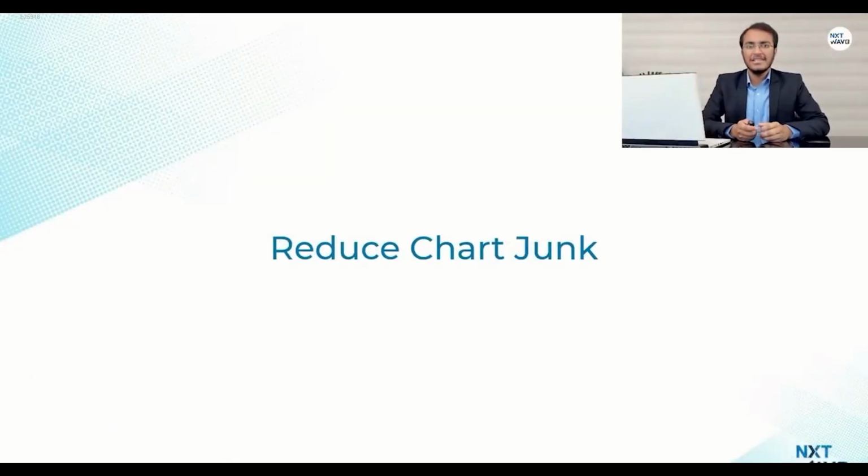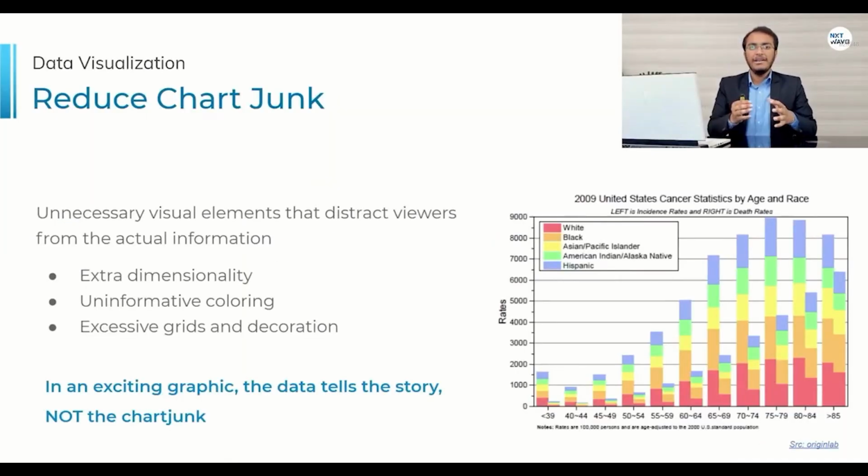Now as the name says, we should try to avoid the junk in the chart. What is this junk? There can be different kinds. One that we discussed is the unnecessary extra dimensionality. When we really need to represent something in 3 dimensions to make it understood more clearly, then we have to use it.